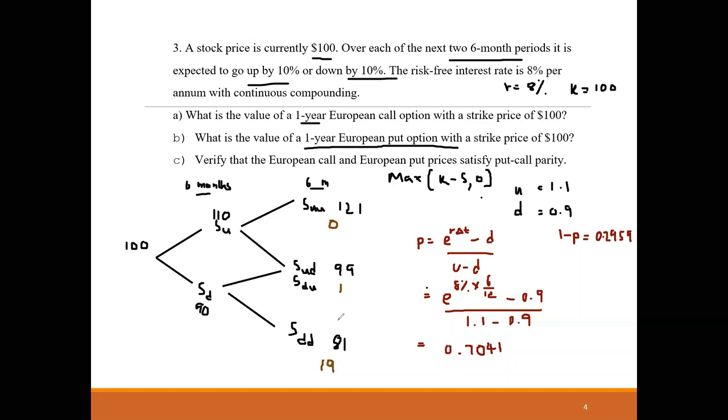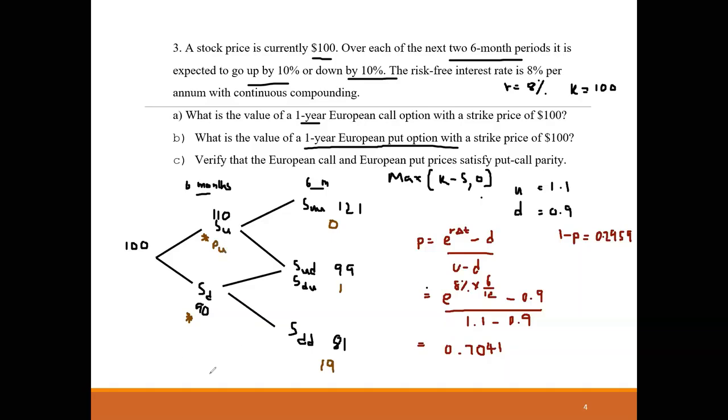Now, if these are the values, then calculate what would be the option price in these cases first, as in the previous notes. Here, I will take the put price if it goes up once.